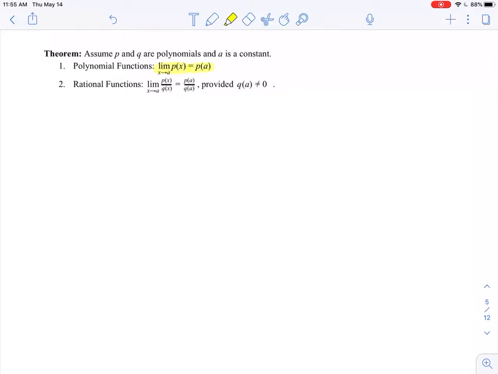For rational functions, a rational function is just two polynomials being divided here. Again, the limit of a rational function, I can just take that number, plug it into my rational function over here, as long as the limit of the denominator is not 0. And again, that's just preventing us from dividing by 0. Like I said earlier, we're going to talk more about that case in the next section, which I believe is 2.4.